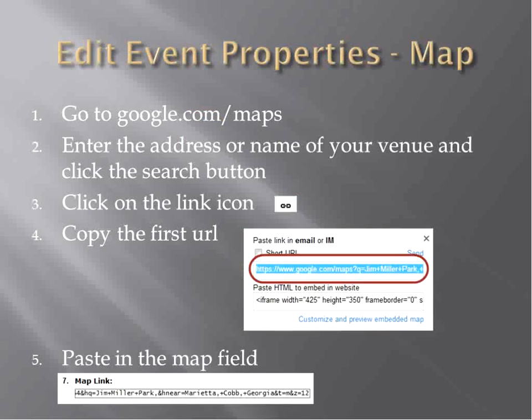The map link is the next field on the event properties. When you complete this field, the map link field on your site will be embedded on your website. This is very helpful for participants to find the exact location of your event.